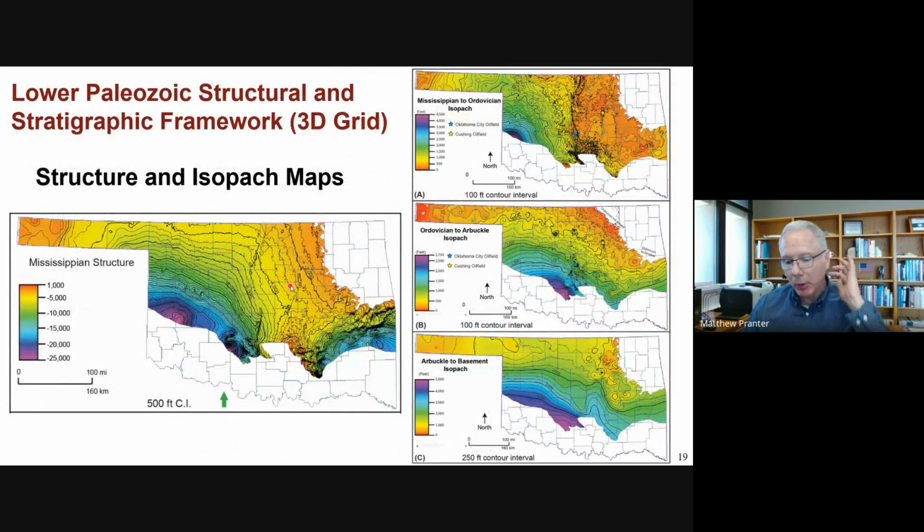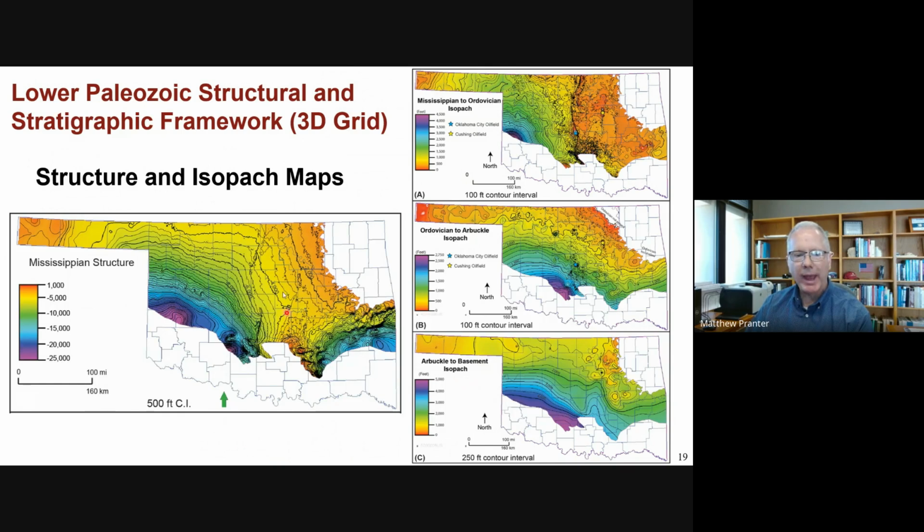So kind of coming back up here to the structural and stratigraphic framework. Again, as you remember, we had a lot of data to constrain the Mississippian surface. And so to create the deeper structure contour maps for those, we generated isopach maps for the Mississippian to Ordovician interval, the Ordovician to Arbuckle interval, and the Arbuckle to basement interval.